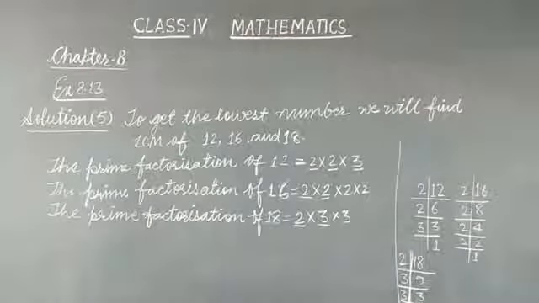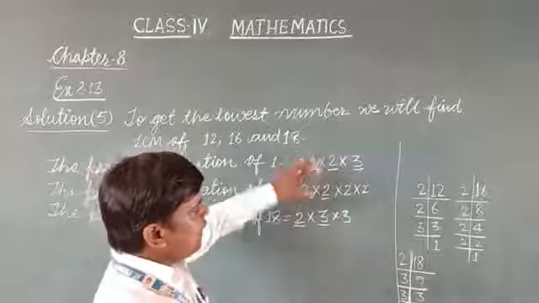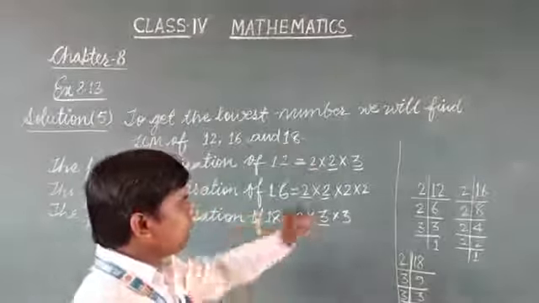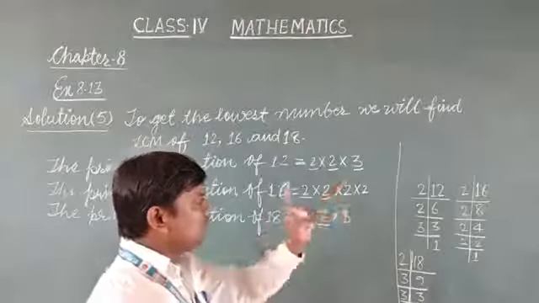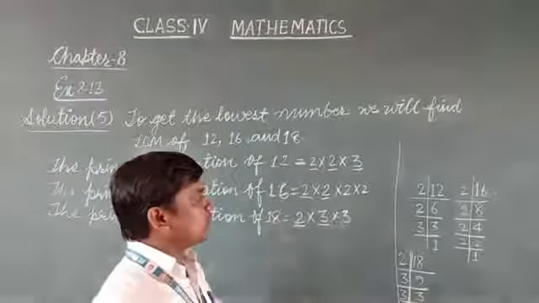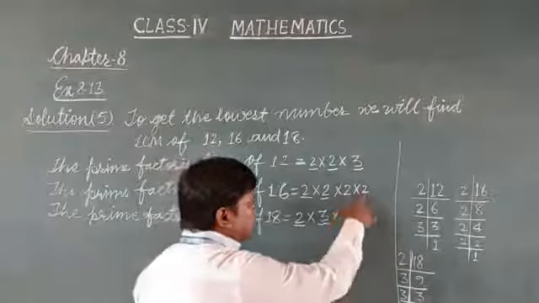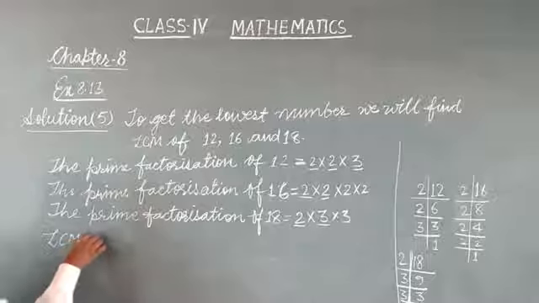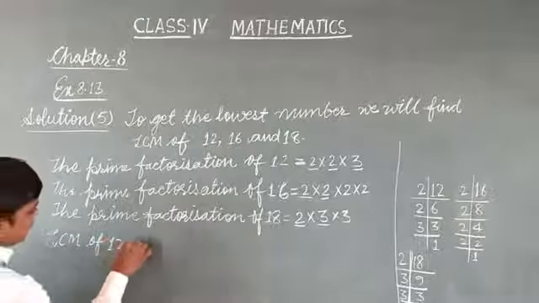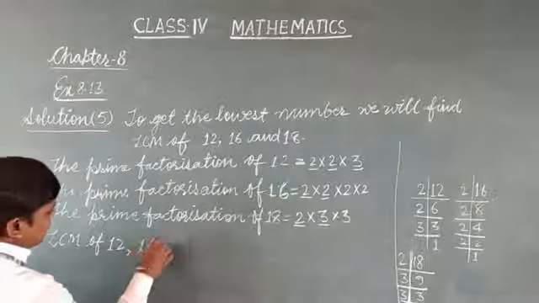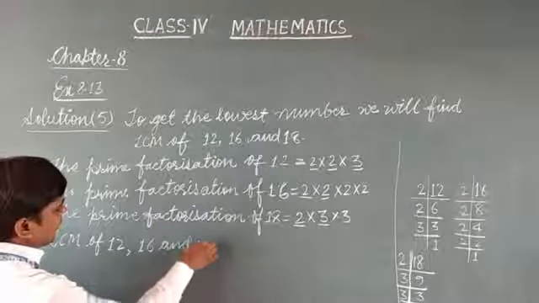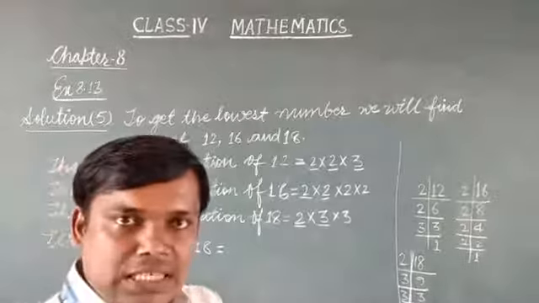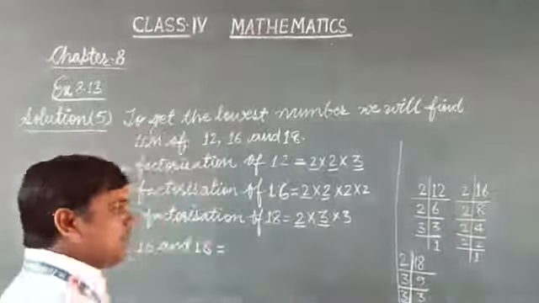So the LCM will be: 2 is common to all three, so we take one 2 from here. In this, 1 two is common. Here 1 three is common. So the remaining factors we have are 2, 2 and 3. So we will write LCM of 12, 16 and 18 is equal to the product of common factors into the product of remaining factors.